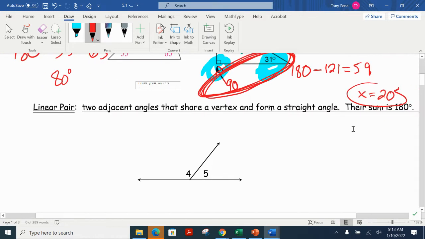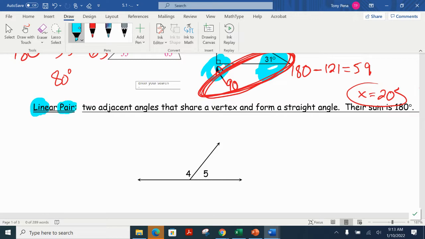A linear pair. We talked a lot about this with linear equations, but you're going to see the word line right there. So a linear pair is a pair of angles, and we understand the idea of a pair is 2. So it is 2 angles that make a line. If we look at the diagram right here, see how we have this straight line? This line is created by 2 angles.